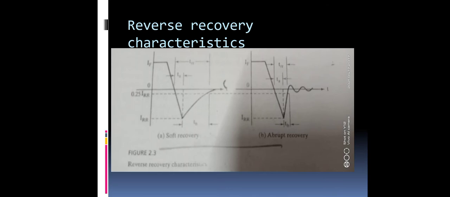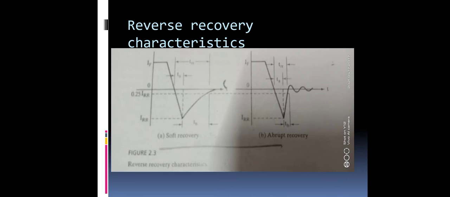The soft recovery type is the more common, and reverse recovery time is denoted by TRR. It is measured from the initial zero crossing of the diode's current to 25% of the maximum reverse current, IRR. It is shown here.